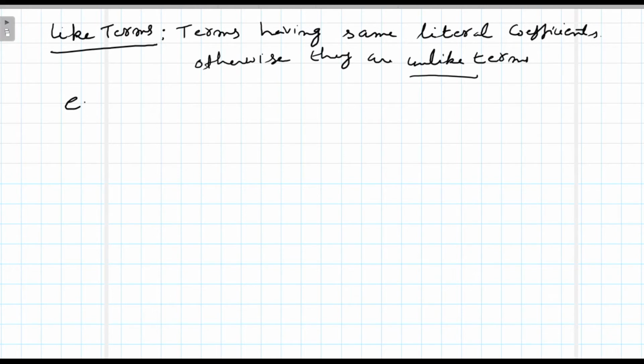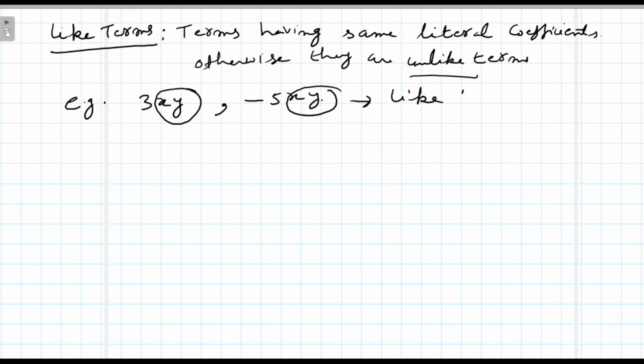For example, if I write 3xy, comma, minus 5xy, are these like terms? The same literal coefficient is xy, so they are like. If I write 2a square b, comma, 3ab square, we have to see the literal coefficients.